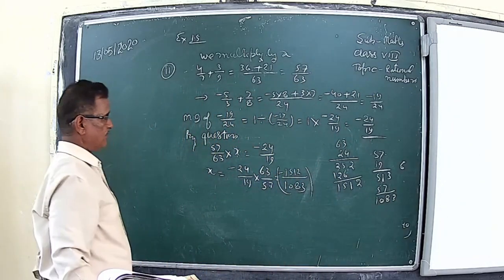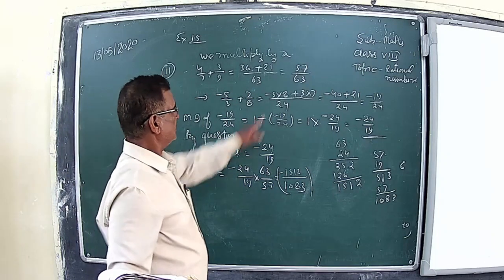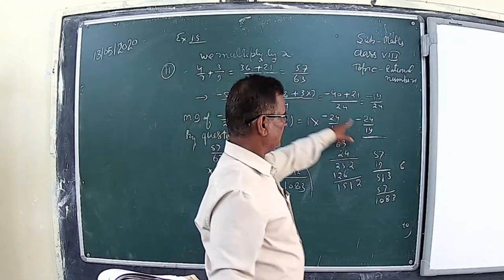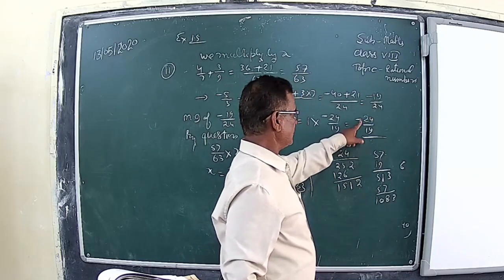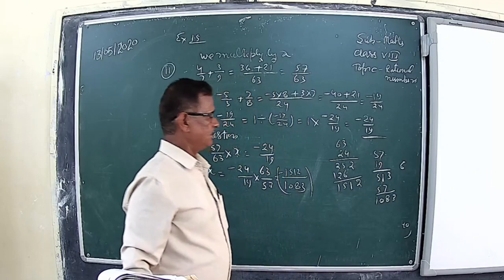This is the number which, when multiplied with this number, gives the multiplicative inverse of minus 19 by 24, which is minus 24 by 19.